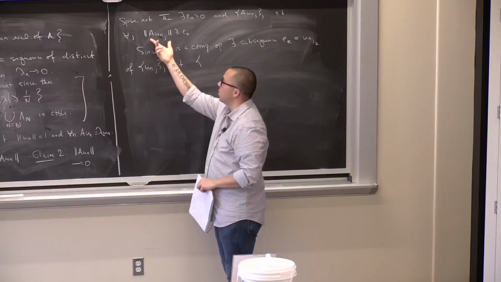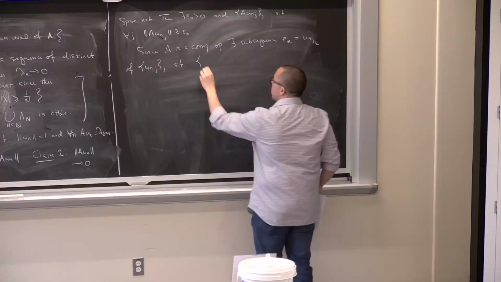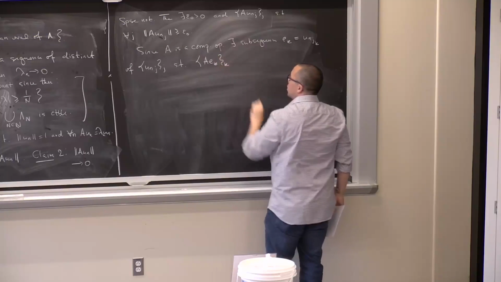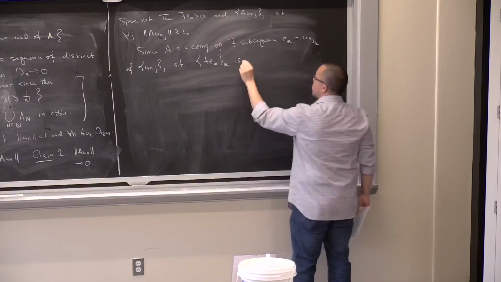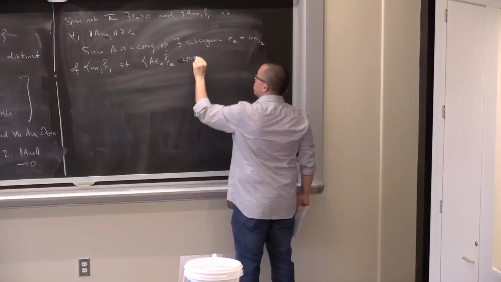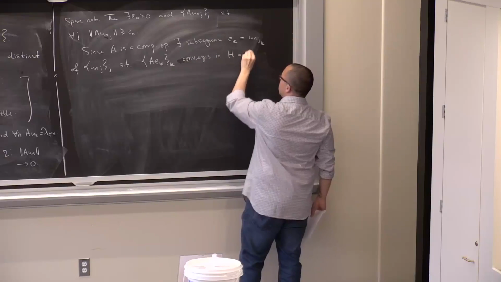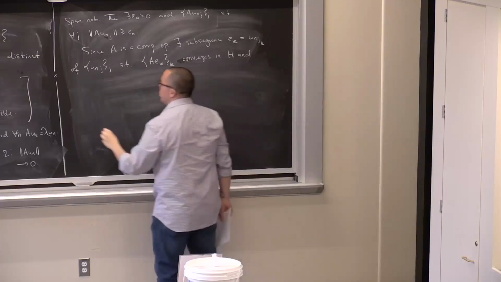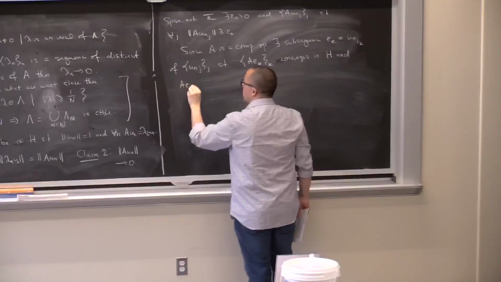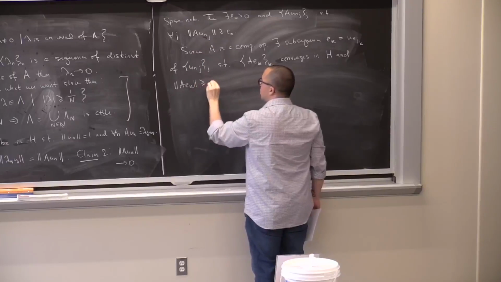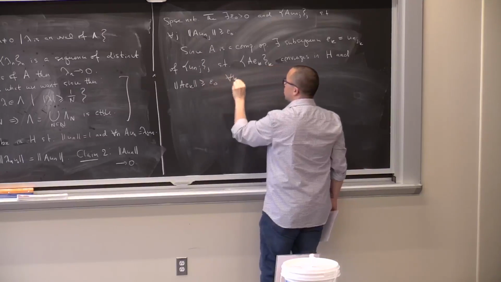So this must have a convergent subsequence, such that A e_k converges in H, and note the norm of A e_k, since this is just a subsequence of this sequence, is bigger than or equal to epsilon naught for all k.